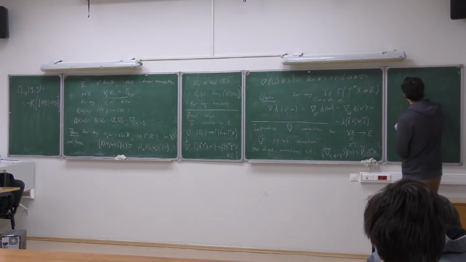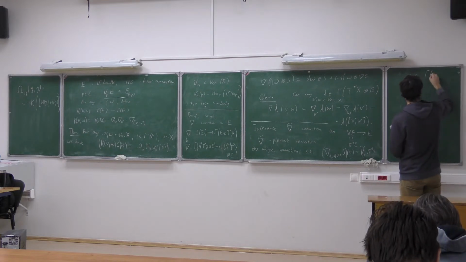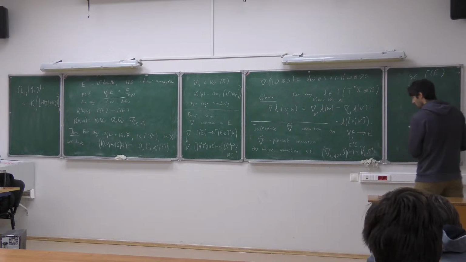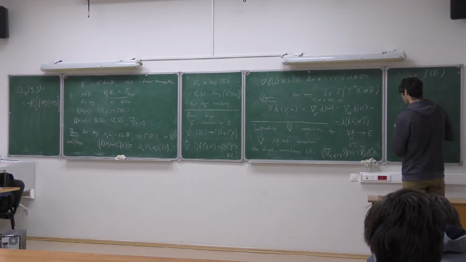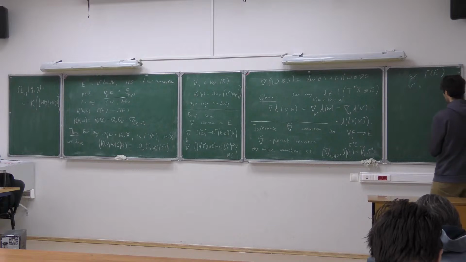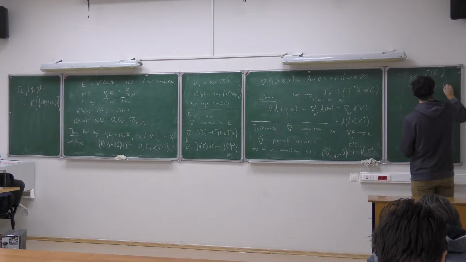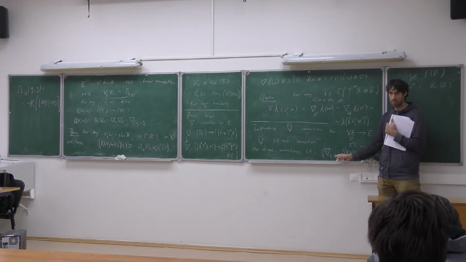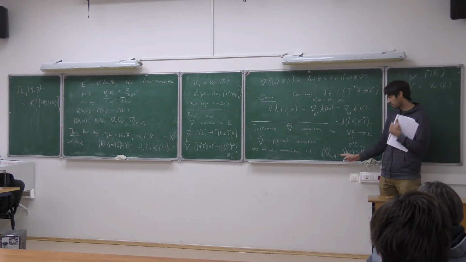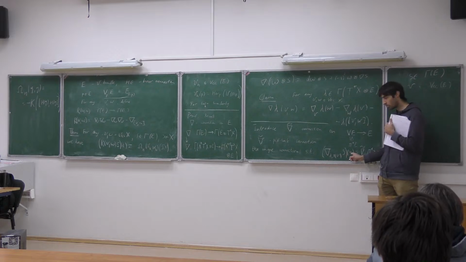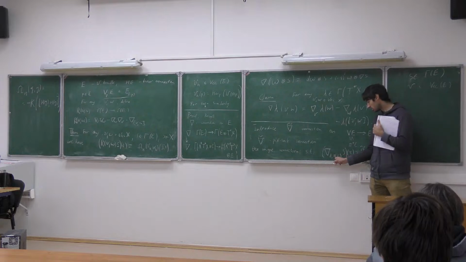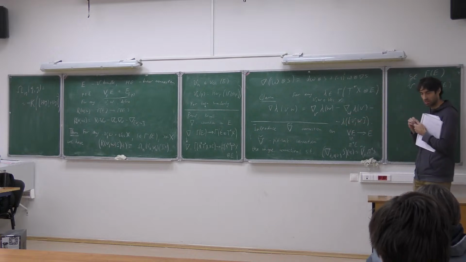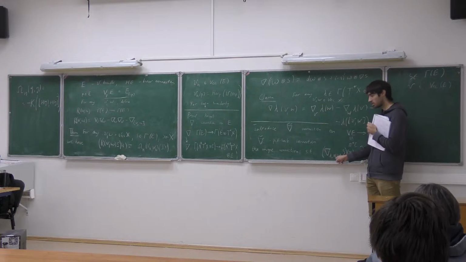My S is a section of E. My V is a vector field on E. Actually, into this argument I can put vector fields, or if I introduce a point where it is evaluated, I can put the corresponding tangent vector, because nabla is linear with respect to this argument.